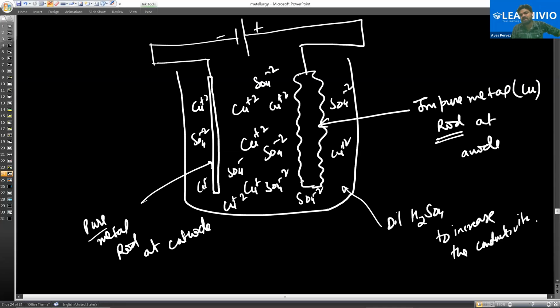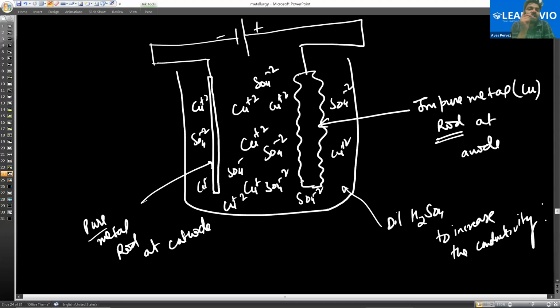First of all, the question comes that in the electrolytic reduction that we studied, we took the molten metals. Here, this is very important: electrolytic reduction is done for the highly reactive metals, but electrolytic refining is done for low reactive or mid reactive metals, not for the highly reactive metals. Refining is opposite.